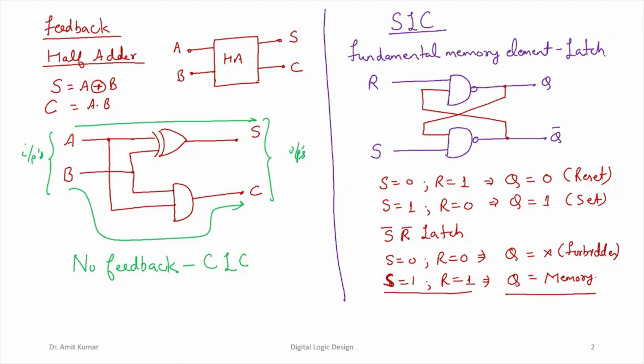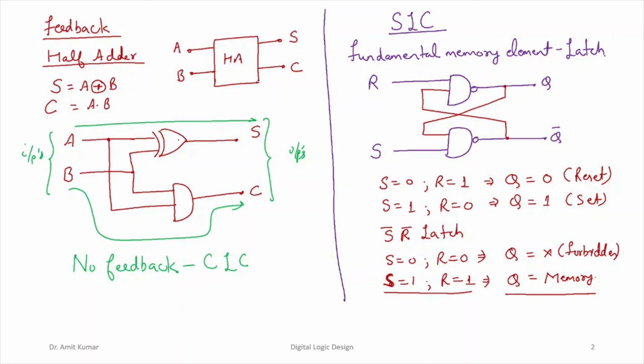So since it shows such a capacity, for this reason we say that sequential circuits have memory, right? And since the outputs are connected to the inputs, we say that a feedback mechanism is present in these circuits, right?